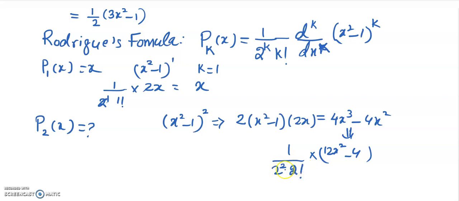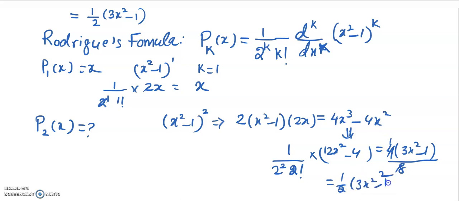This is 4 times 2, which is 8. We can take 4 common from the numerator, so it will be (3x squared minus 1) over 2, which is the same answer we got before. So this is the Legendre polynomial of second order.